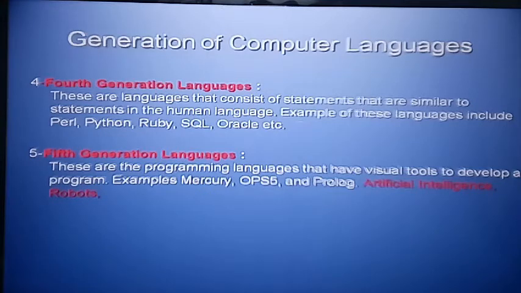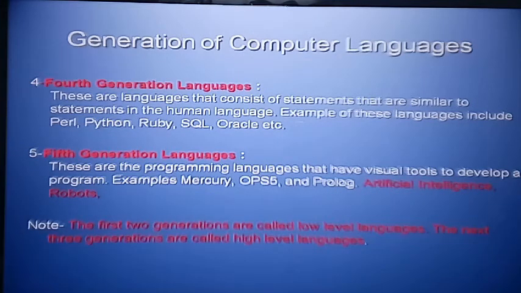You already make the tool and it does the work itself. So the fifth generation is a more advanced language. Please see now: the first two generation languages are called low level languages. The next three generation languages are called high level languages. Okay.